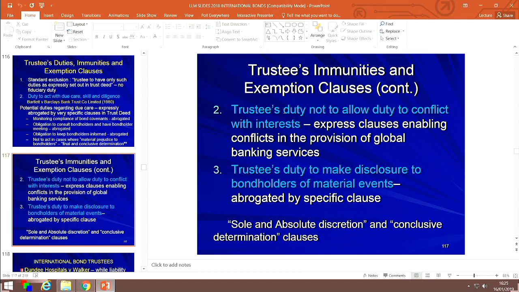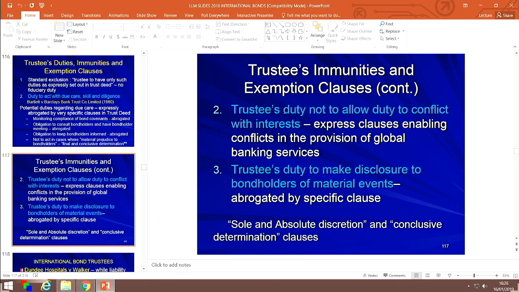Therefore, it would be crazy to say you can't have conflicts with your interests and duties because JP Morgan had to stop working. Consequently, you have this very powerful clause, very similar, if not identical, with the clause that you saw in SLAs with regard to the powers and duties of an agent bank and the exemption provisions that give protection to an agent bank. It's pretty much the same.